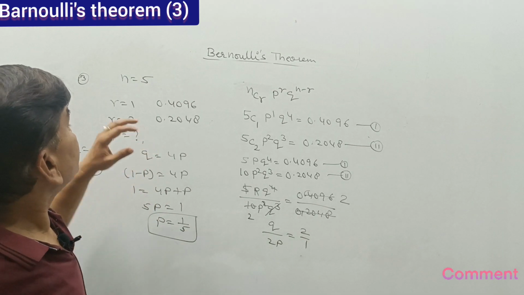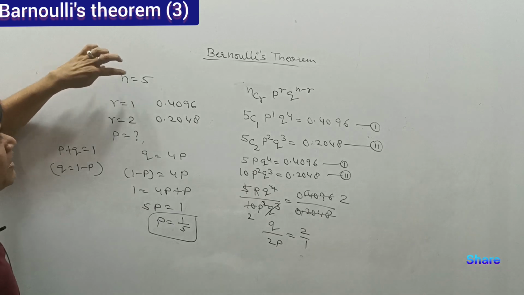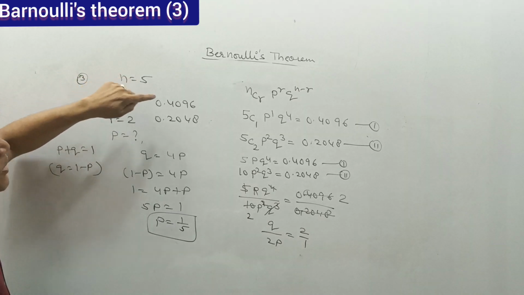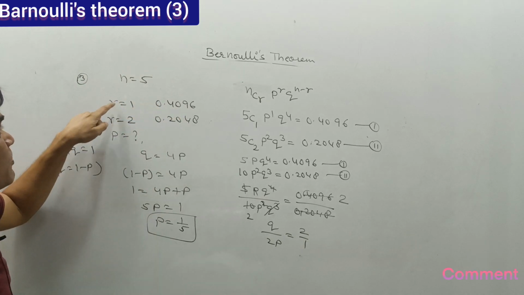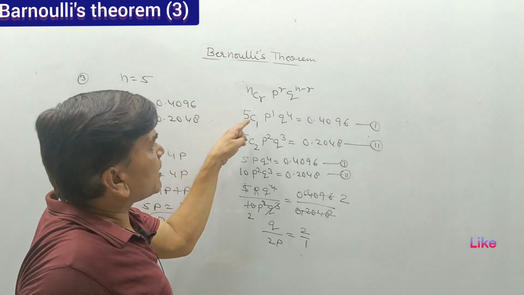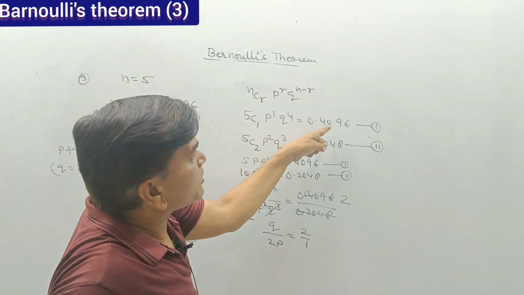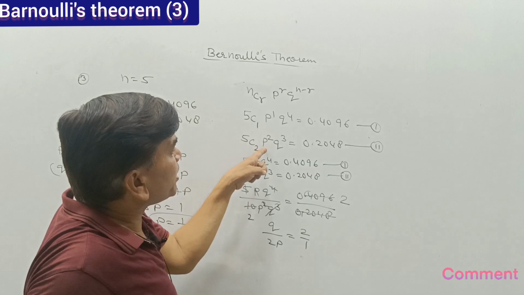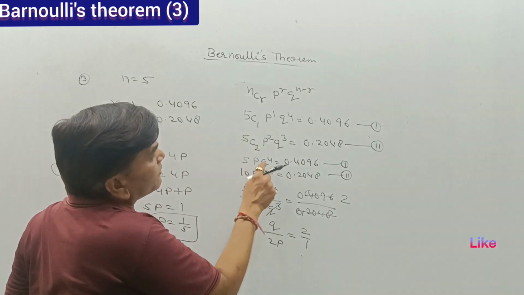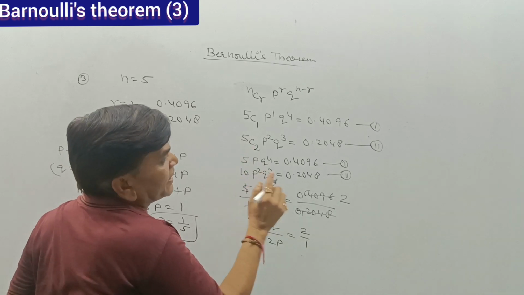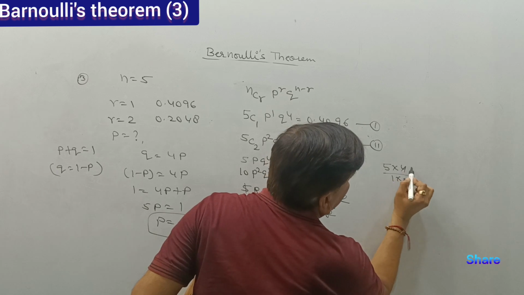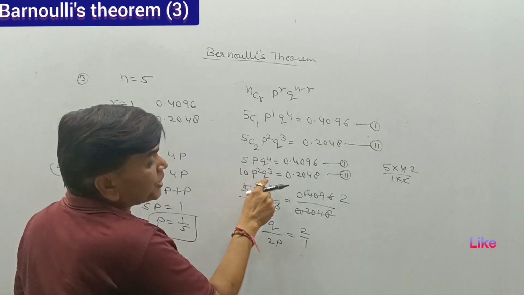Firstly, what we have done: for 5 independent trials, the probability of one occurrence is 0.4096 and the probability of two occurrences is 0.2048. So we have written 5C1 p1 q4 that is 0.4096, 5C2 p2 q3 that is 0.2048. Solving, 5C1 is 5 and 5C2 value is 10, 5 multiplied by 4 over 1 multiplied by 2.